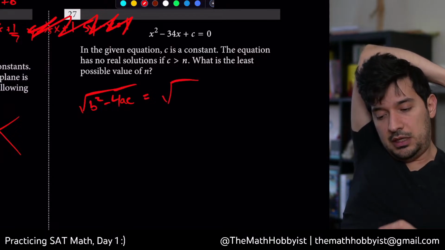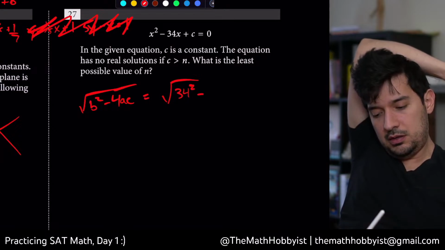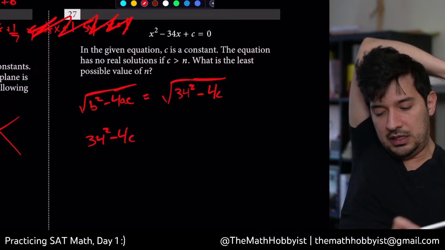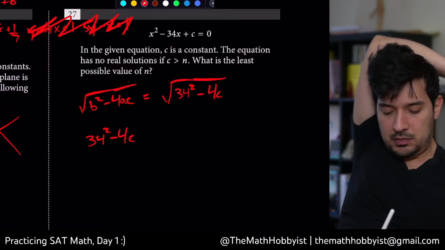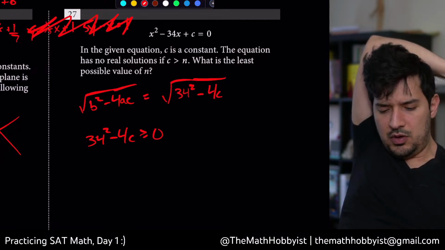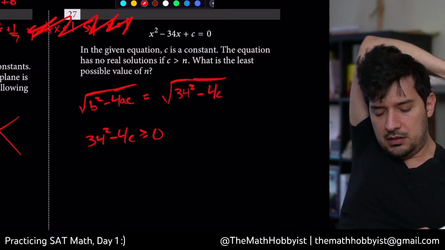So this is going to be 34 squared minus 4c. And we want to know when 34 squared minus 4c is greater than or equal to 0. Has no real solutions if c is greater than n.